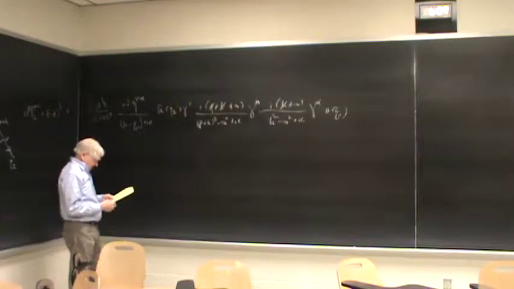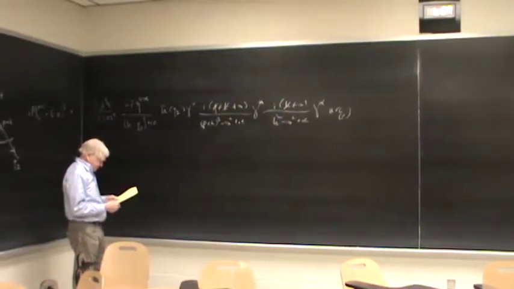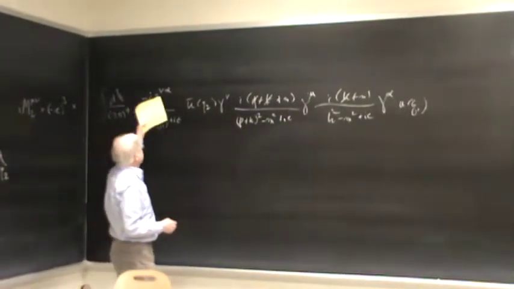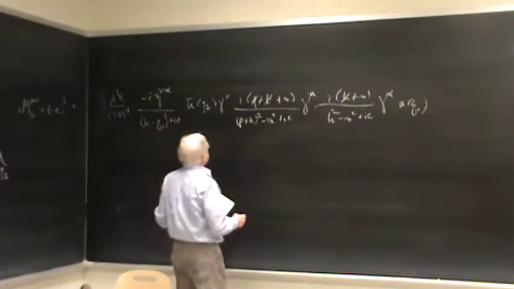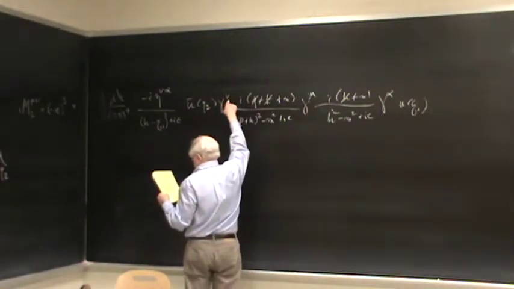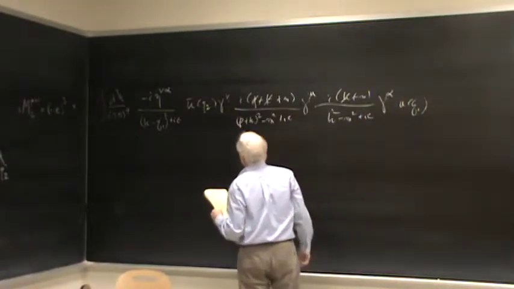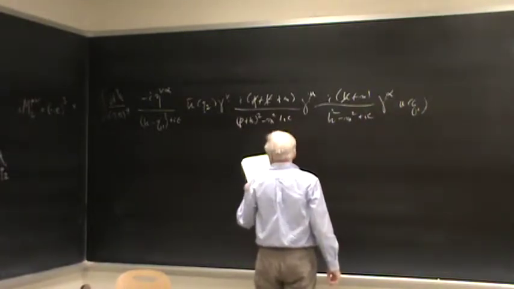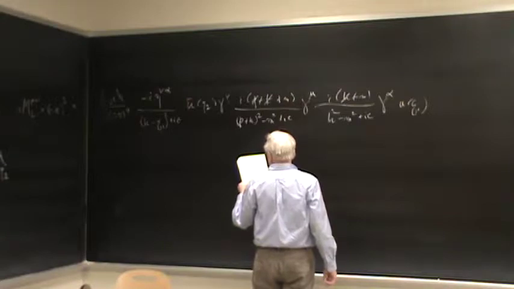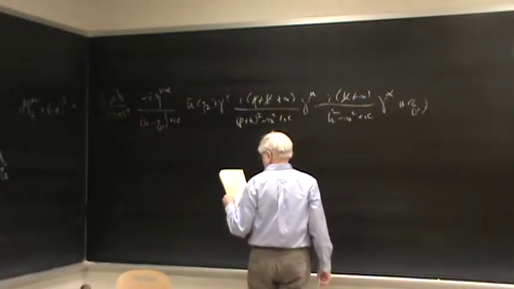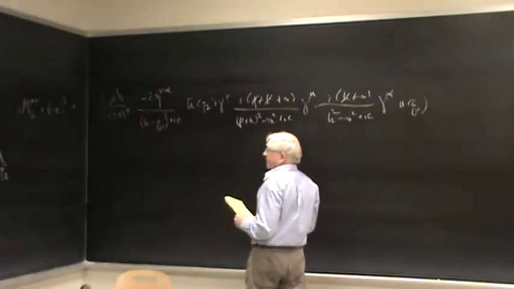Now, of course, this eta nu alpha just means that this alpha becomes a nu, or equivalently, this one becomes a nu. And in fact, now that I see it, all right, hold on here.